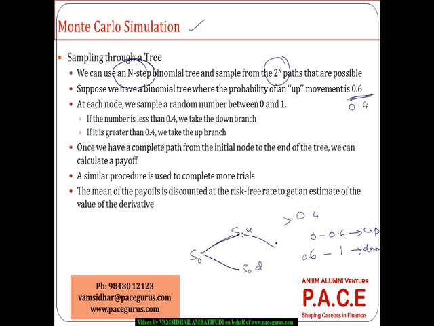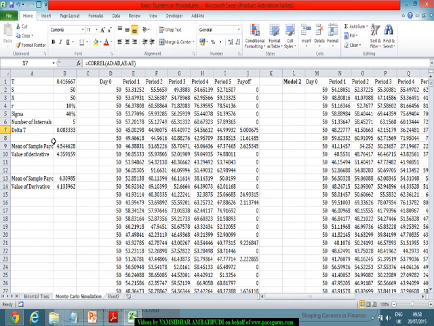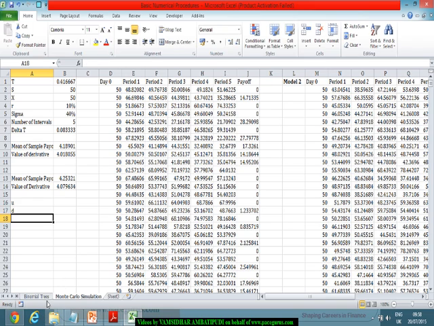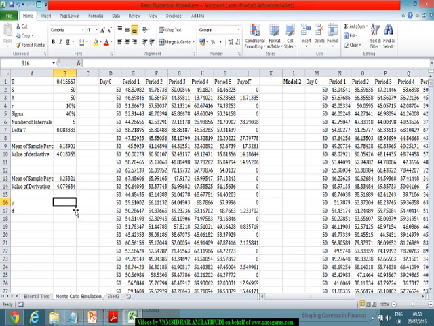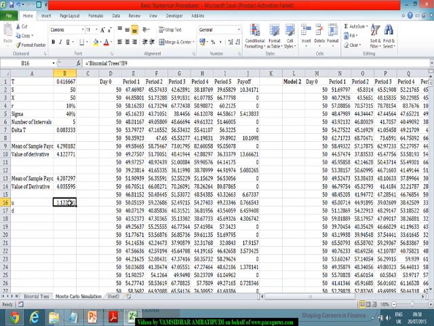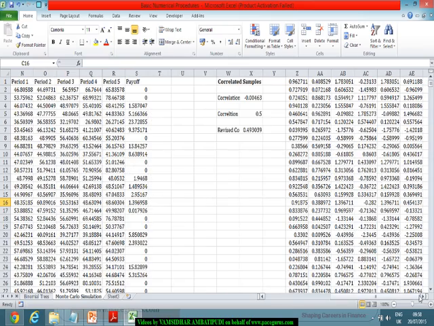Now the same logic, if we have computed the up and down, I'll take it, let's say, from the binomial model itself. Here we have the up and downs. So I'll take the up and down still from the binomial tree itself. What it is saying is, you generate a random number.